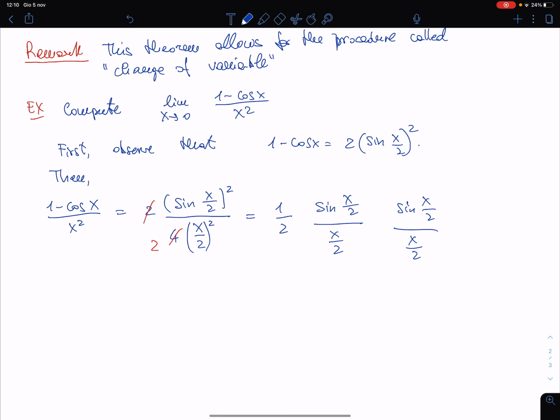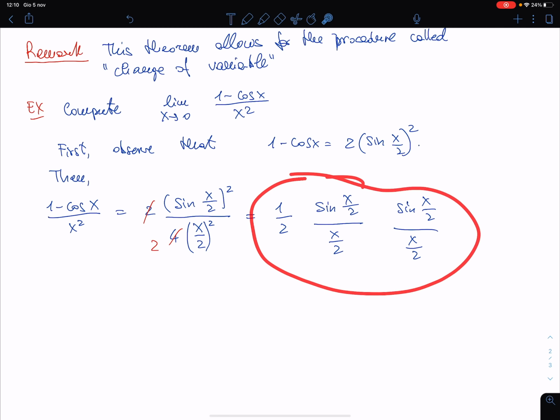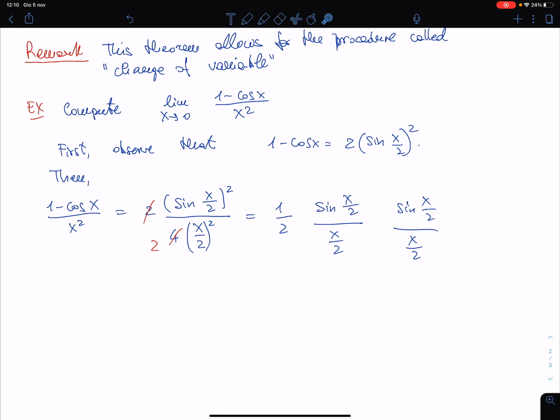So this is a very easy point, but just let me read this limit as a composition of limits. So let me introduce two functions. A first function, which is f of x, which is x divided by 2, and g of y equal to sine y divided by y.